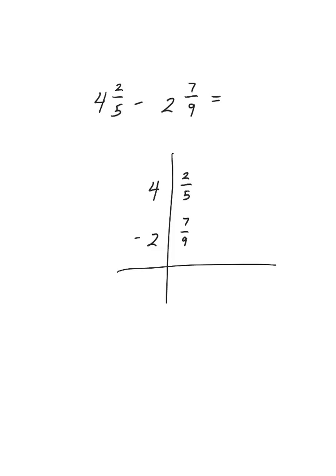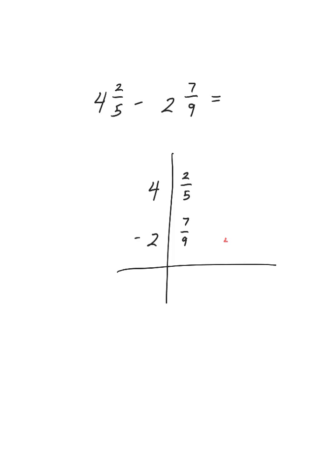So let's say I have 4 2/5 minus 2 7/9. Line things up vertically: 4 2/5, 2 7/9. Find a common denominator of 5 and 9.